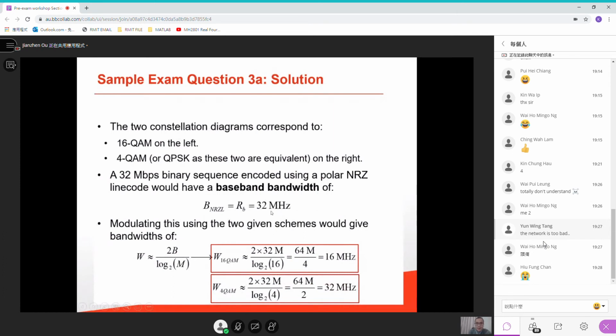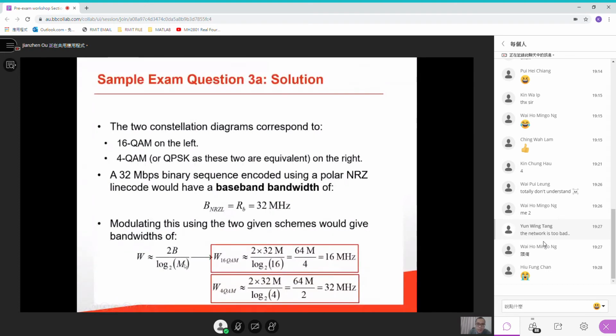So it's something like that here. But don't forget this is baseband. Then when we go to the modulations, remember this formula that I emphasized you should pay special attention to. The bandwidth is equal to 2 times B, where B is the baseband bandwidth, which is equal to 32 megahertz, divided by log2 M. M is the number of levels.